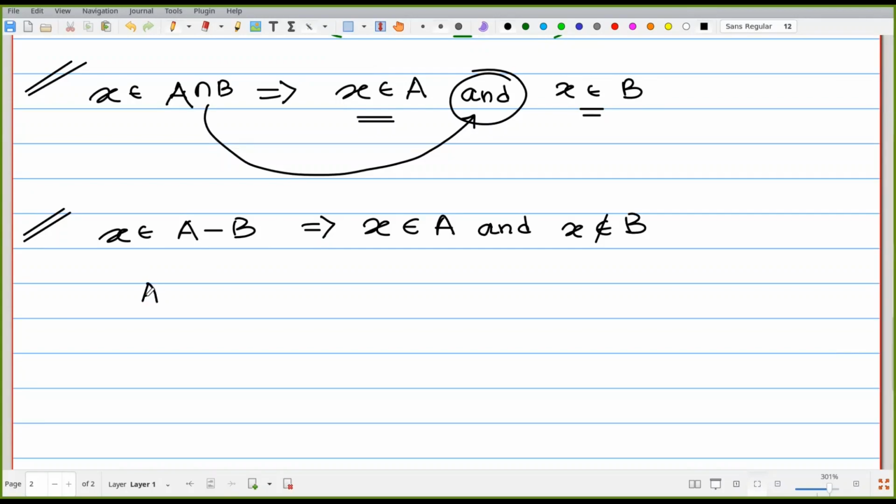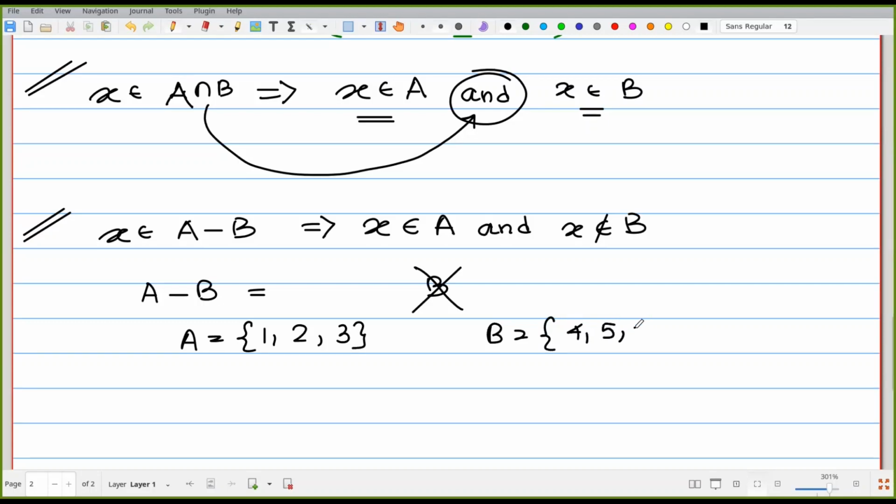Because we know A minus B means we first remove all the elements of B and treat only the elements of A. Then whatever is the common part, we remove from A. Suppose A is equal to {1, 2, 3}, B is equal to {4, 5, 6}.